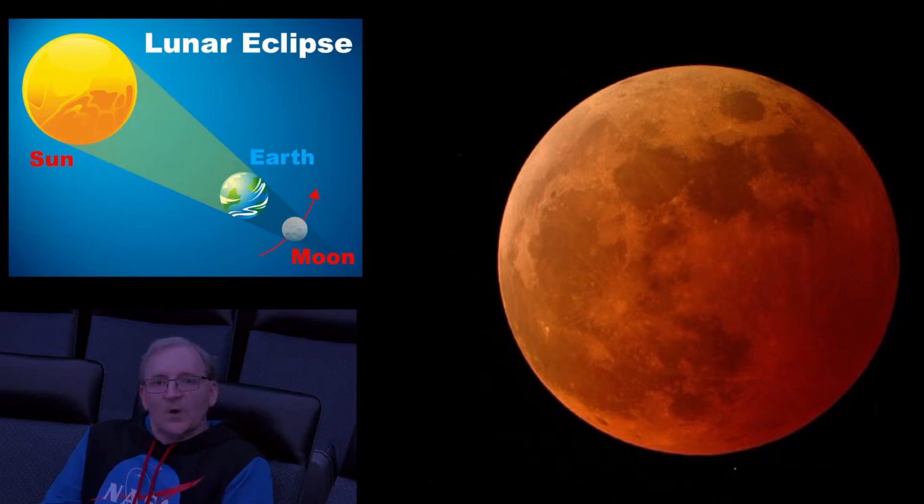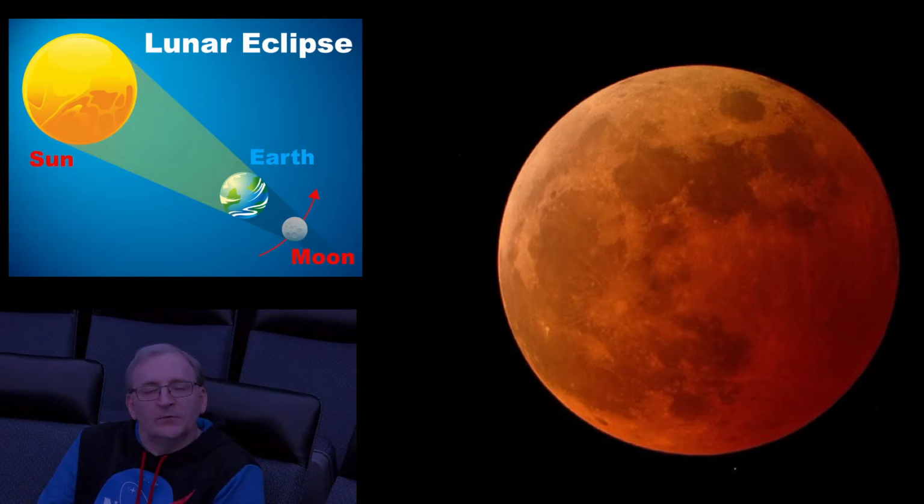So when we experience a total lunar eclipse, most of the time we see what you're seeing here, a copper red color, which the media mostly refer to as a blood moon. But it actually has a lot more to do with the fact that all of the Earth's sunrises and sunsets are filtering through and being reflected back onto the moon. And that is what we see as the blood moon.